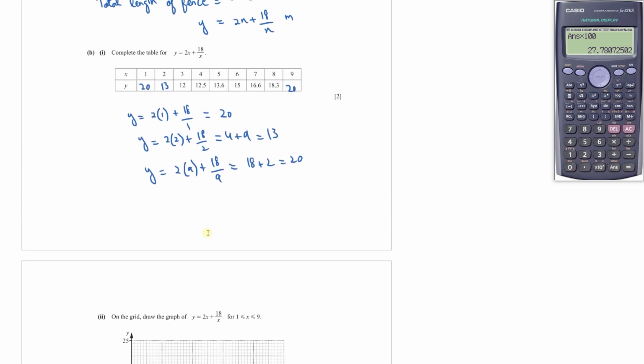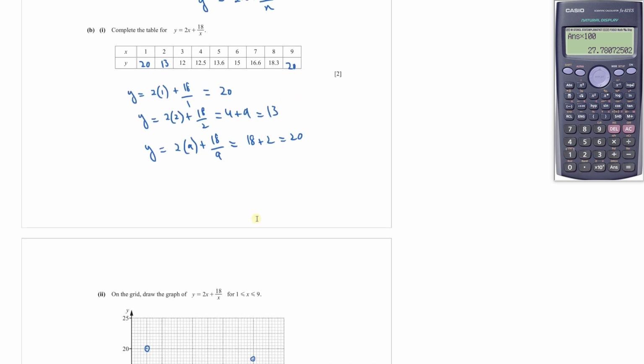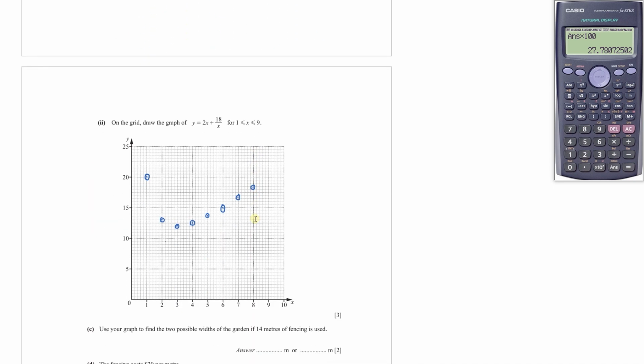8 and 18.3. This is 20, 19, 18. So 18.5 is here, so just below 18.5 here, 18.3. And then 9 and 20. 9 and 20 will be this value here.